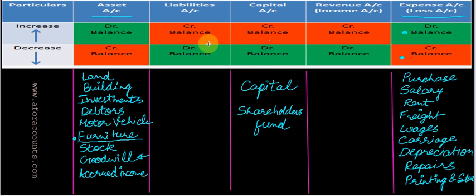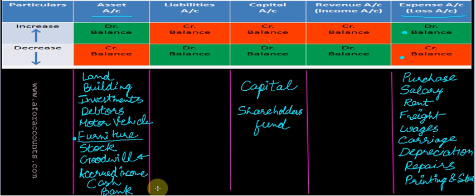Okay, now the liabilities. What all can be the liabilities for my business? What are liabilities which I have to pay sooner or later to outsiders? Those are the liabilities of my business. For example, see, bank account is an asset. I had to write here cash and bank, both are my assets.